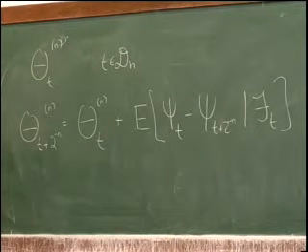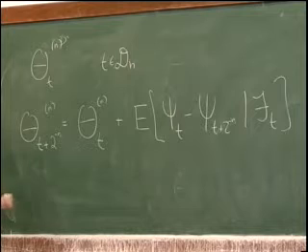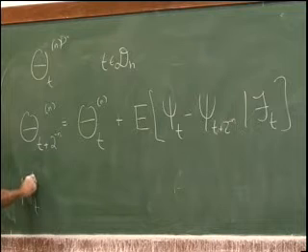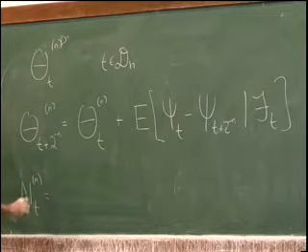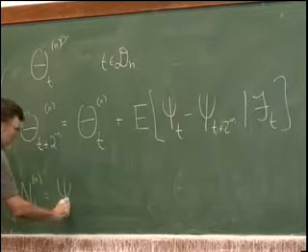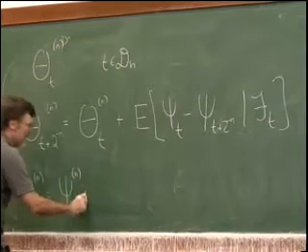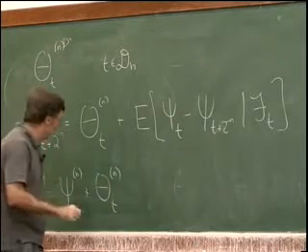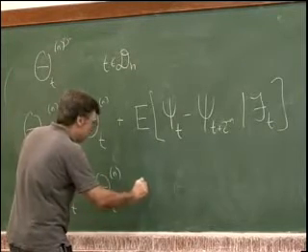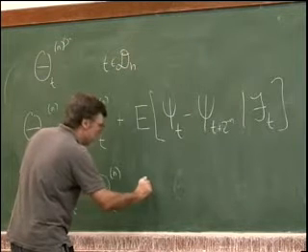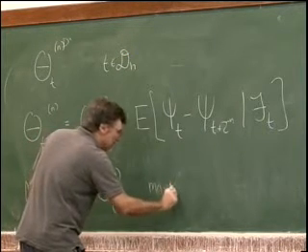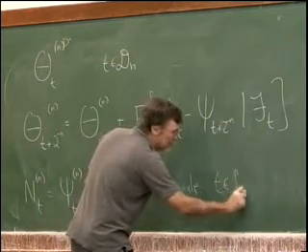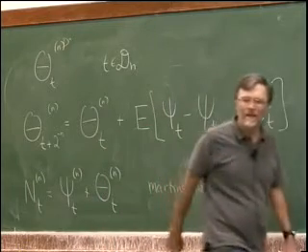And it's actually very easy to show that if I let N_t^n equal C_t^n plus theta_t^n, then this actually is a martingale. But it's a discrete time martingale restricted to this discrete set of times.